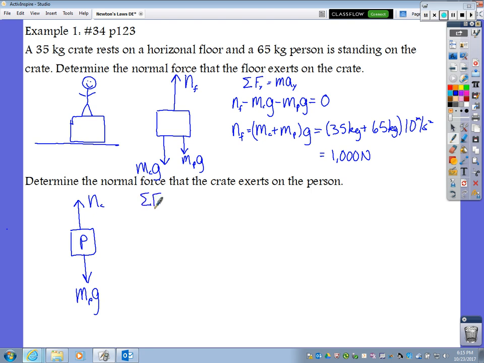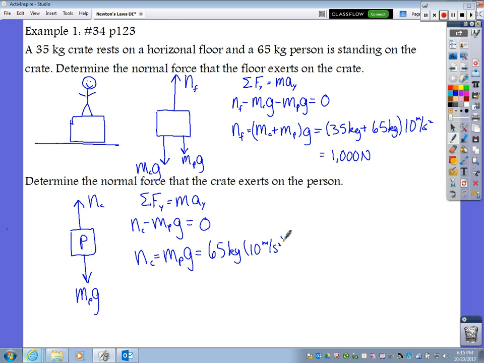So the net force in y equals mass times acceleration in y. We've got normal force from the crate minus mass of the person times g equals the acceleration is 0, so that side's 0. So the normal force from the crate is just the mass of the person times g, which is 65 kilograms times 10 meters per second squared, which is 650 newtons.